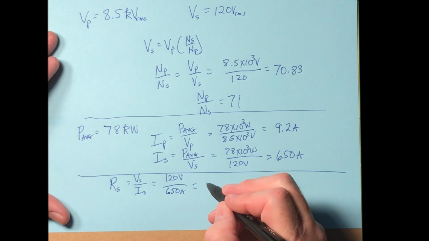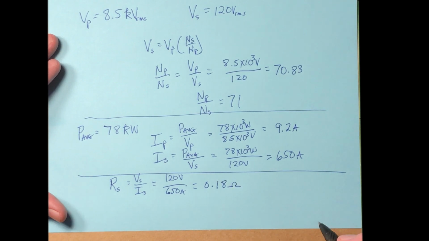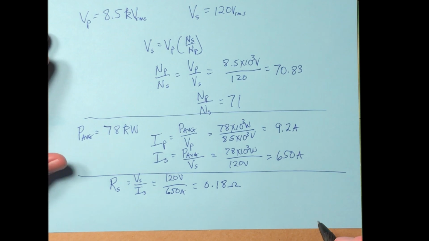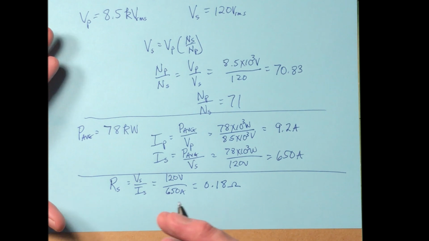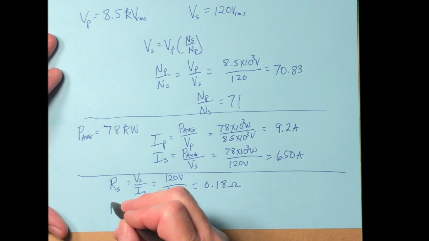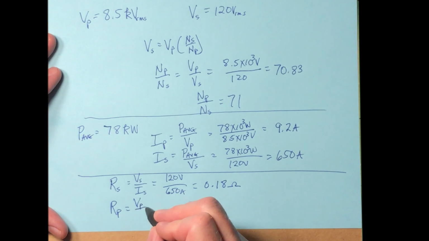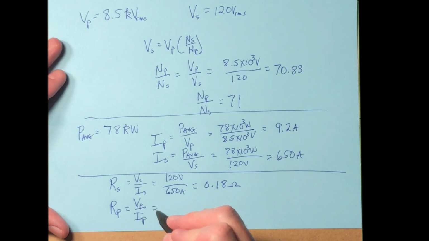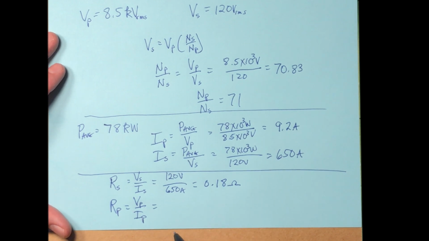So what is that? 0.18 ohms. A tiny amount of resistance on the secondary side. But what does the primary side see? Remember, the primary side, R sub P, same form of the equation, also works. The primary side sees a different resistance than the secondary side.